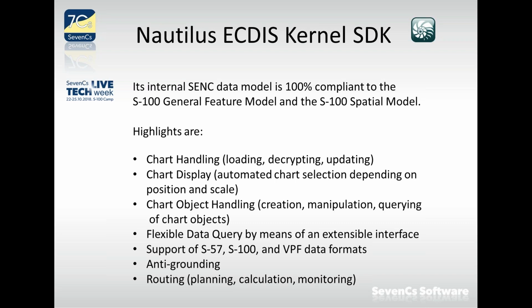This can be wrecks, areas with insufficient depths, but also other things you want to avoid, not only anti-grounding. For instance, it can give you other hazards like aids to navigation. They help you, but if you hit those things with your ship, it's also not very useful. So that's why those things can also be detected.